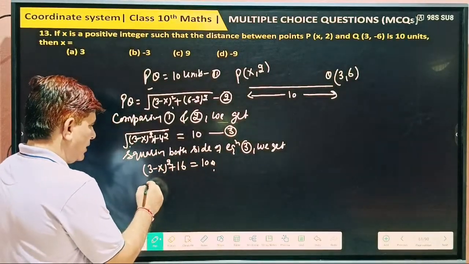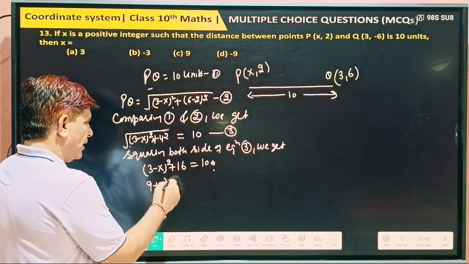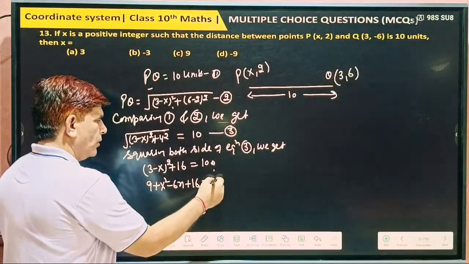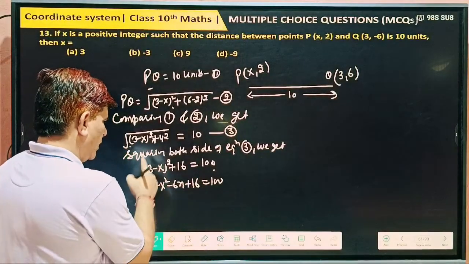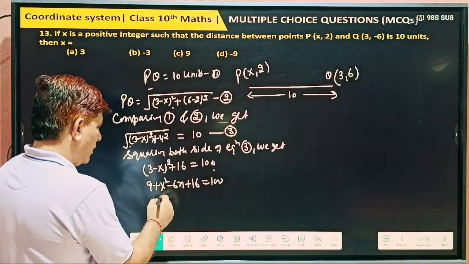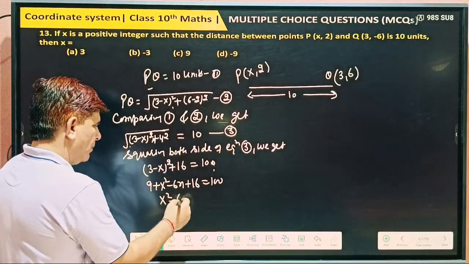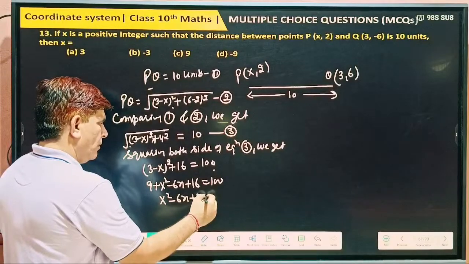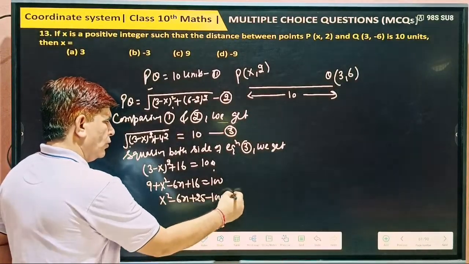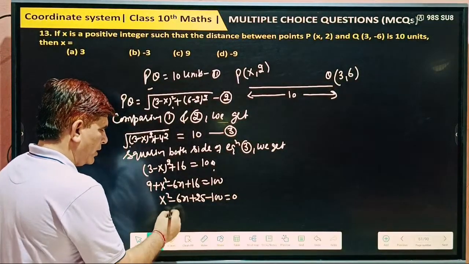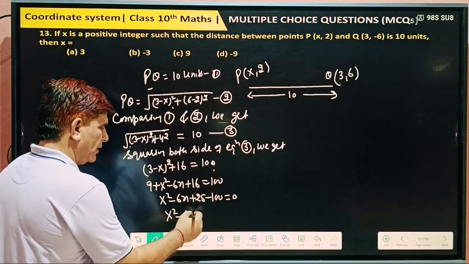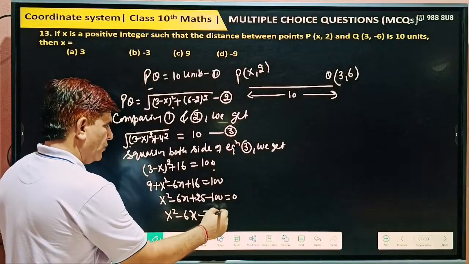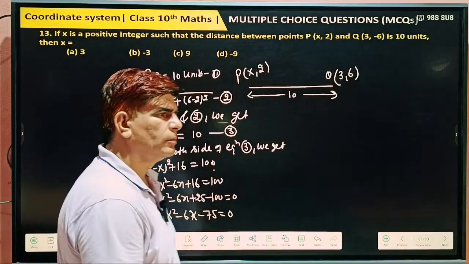So this we can write as 9 plus x square minus 6x plus 16 equal to 100. 16 plus 9 is 25. So we can write x square minus 6x plus 25 minus 100 equal to 0. If you solve this, x square minus 6x minus 75 is equal to 0.